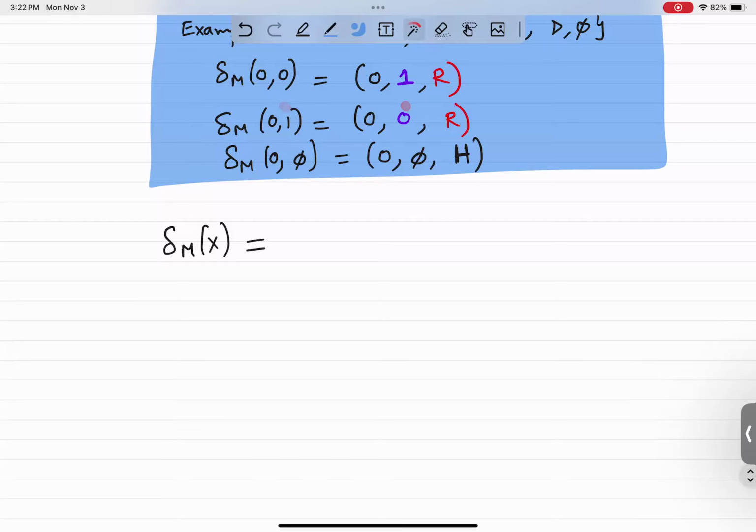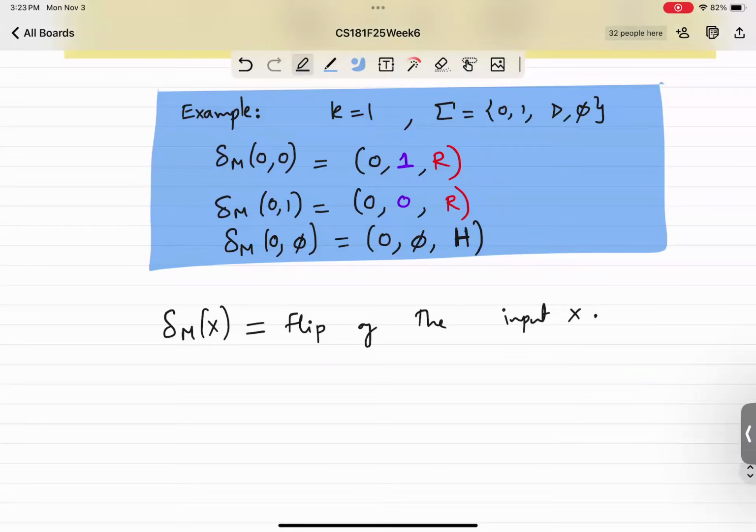It's kind of doing the bitwise flip of the input X. Okay? Very simple function in a very simple machine. It has only one state, and these 3 equations tell you what to do.